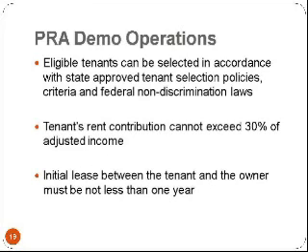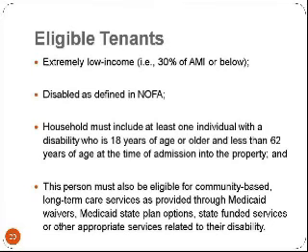If they come onto the program, they're living in a PRA unit, and their income goes up, it's okay. They don't get kicked out of the unit. The 30% is just for initial project eligibility. And then the first year of the lease, the owner, the management company, and the tenant, it must be at least a one-year lease.